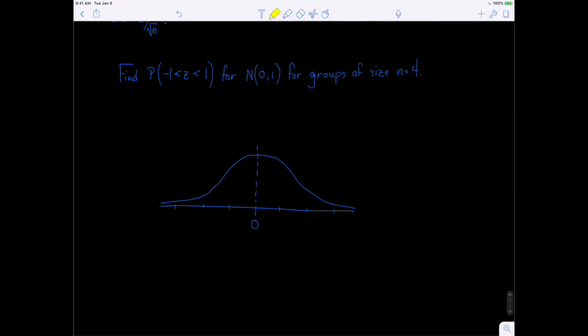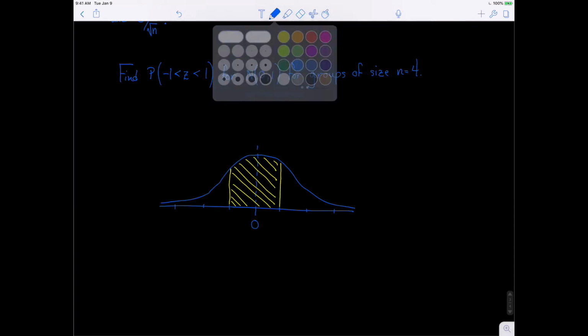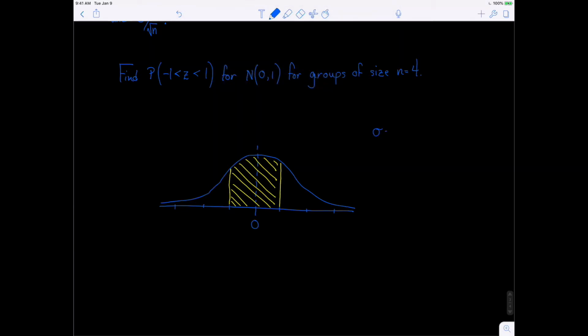The empirical rule tells us that about 68% falls between these two yellow lines. But wait a minute. The picture has changed now because we have groups of size n equal 4. So our blue picture has a standard deviation of 1.